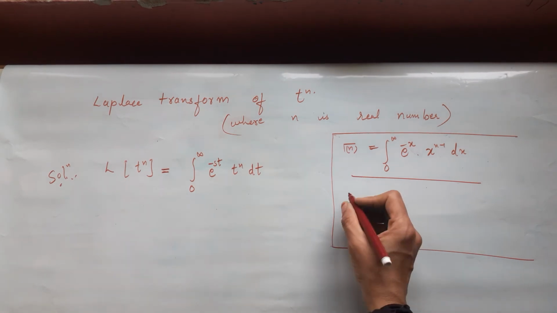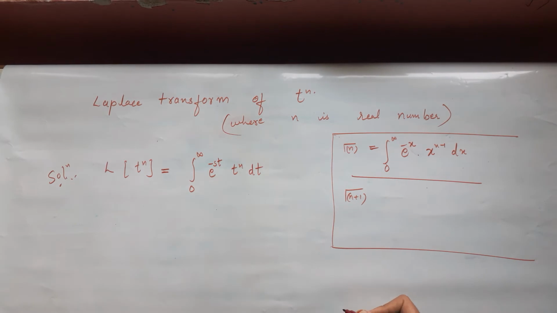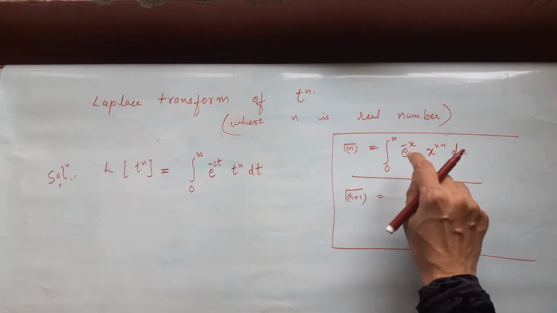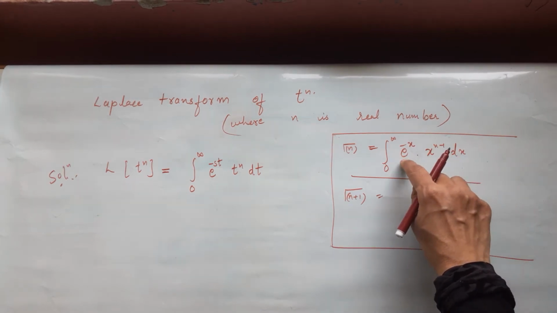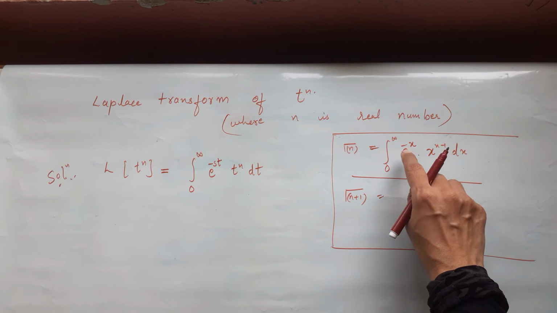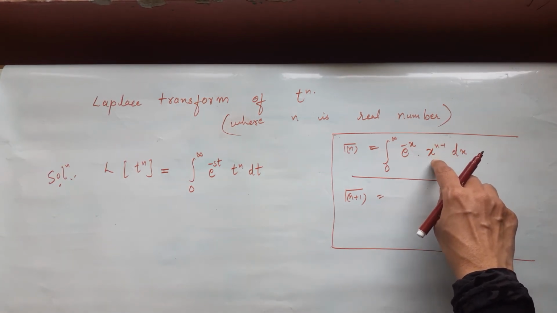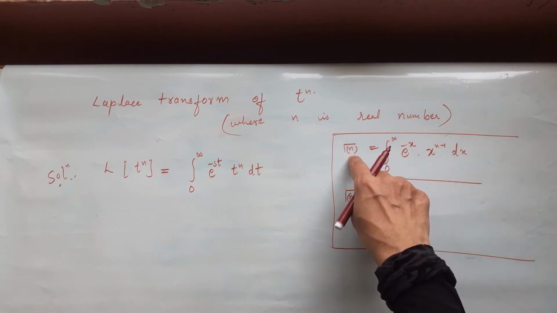In case I want to write gamma of n plus 1, using the same definition, see here, when it is n over here, you have n minus 1 as the power of x. The e to the power minus x has nothing to do with it. N appears as a power of x, one less than what is written on the left hand side.